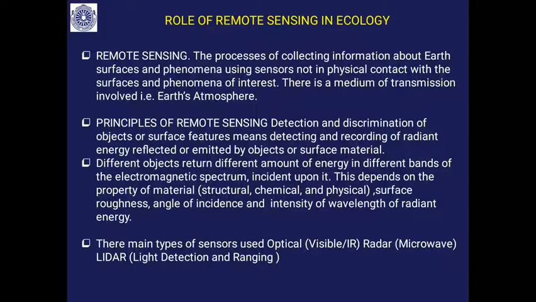Here, the medium of transmission involved is the Earth's atmosphere. What are the principles of remote sensing? The principles of remote sensing include detection and discrimination of objects or surface features, that means detecting and recording the radiant energy reflected or emitted by objects or surface materials.